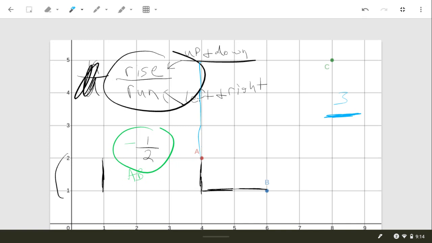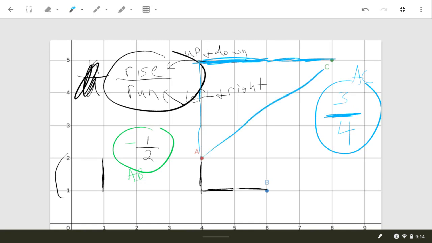And the bottom number is how much it goes across: 1, 2, 3, 4. So 3/4. That would be the slope of the line that connects points A and C. 3/4, and it is positive because it's obviously going uphill there.